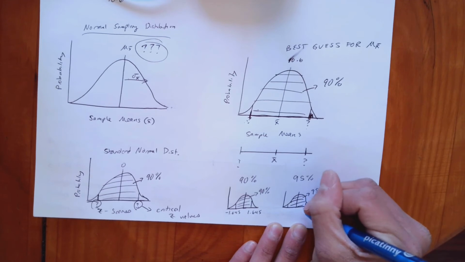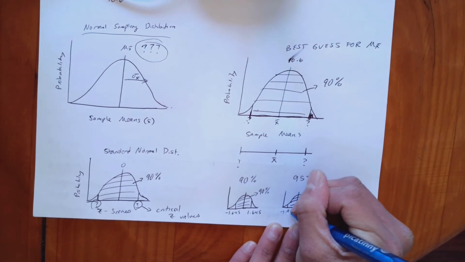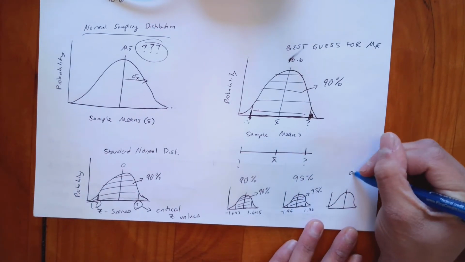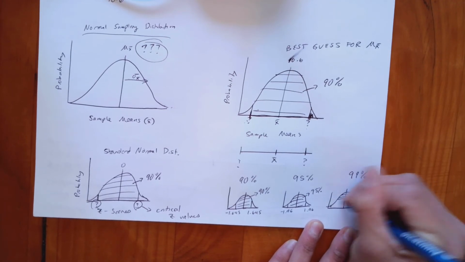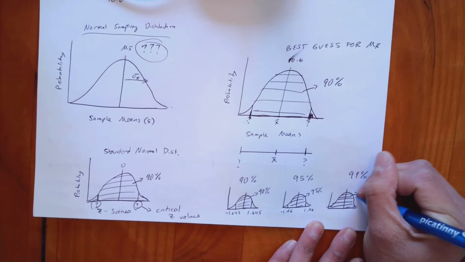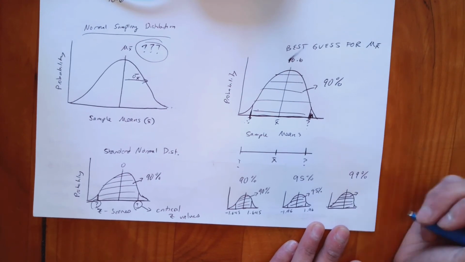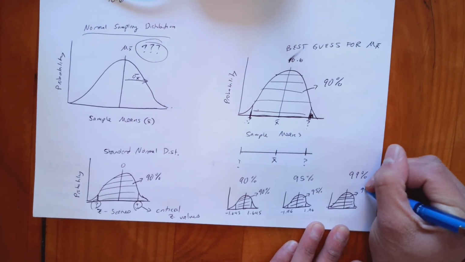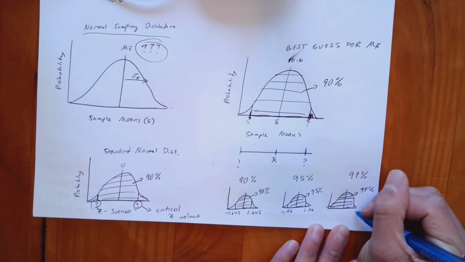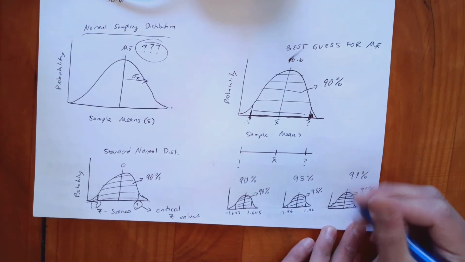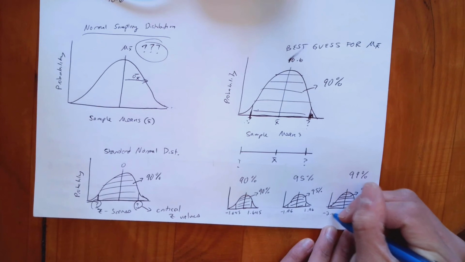And these are always going to be 1.96 and negative 1.96. If you're interested in a 99% confidence interval, and again, these are chosen by the researcher just based on how much confidence you want to have, how narrow or wide you want your interval to be, you're interested in the z-scores that bracket 99% of the area under the curve. And these come out to 2.58 and negative 2.58.